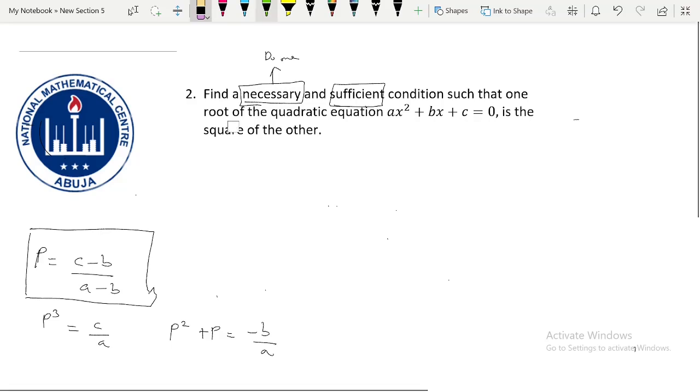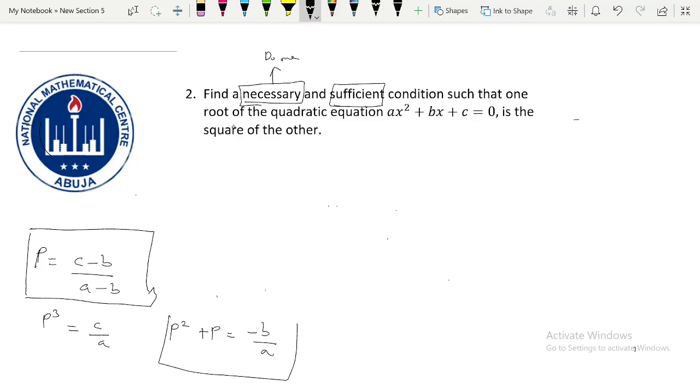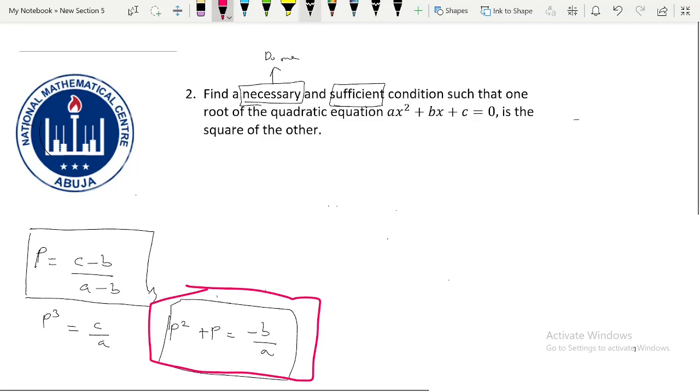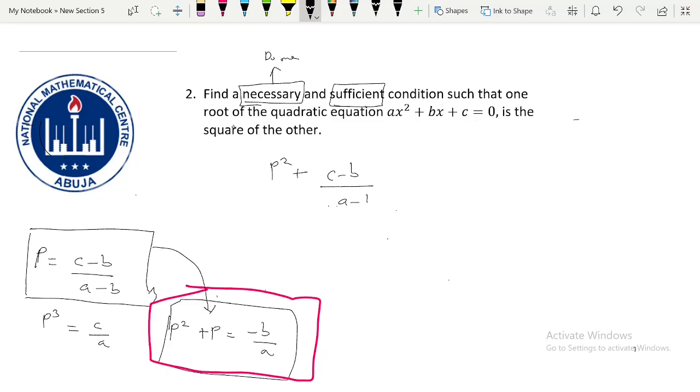So if we come back to this equation now, this one I just boxed. Let me use another color. If we come back here and plug in our value for p, we have that p square. So in place of p now, I'm putting this plus c minus b. So I hope everything is clear to this point. It is minus b over a.